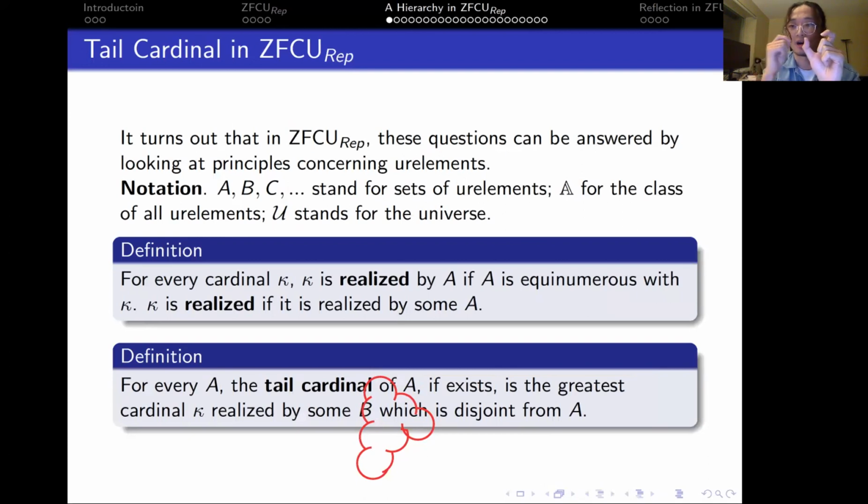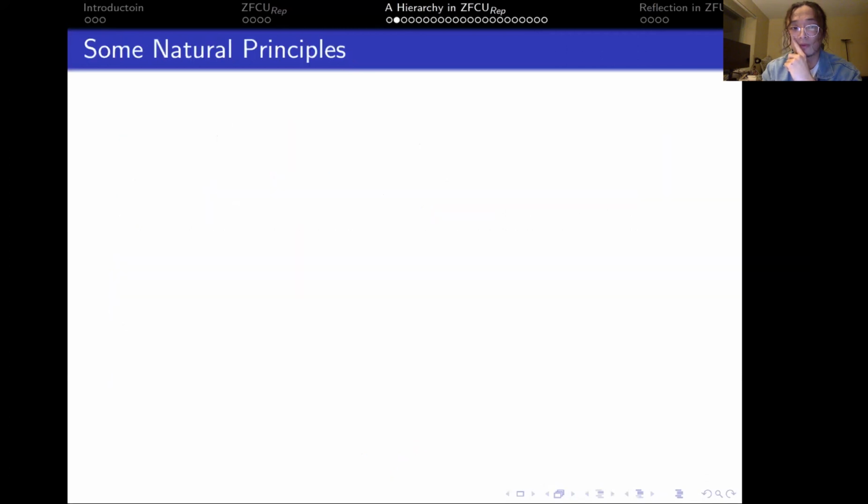And if that's the case, we call the cardinality of that set the tail cardinal of A.